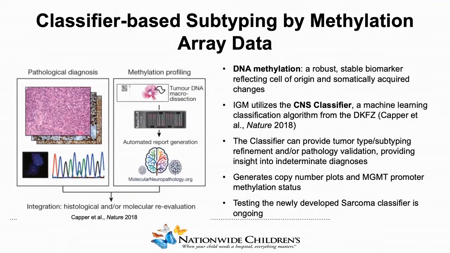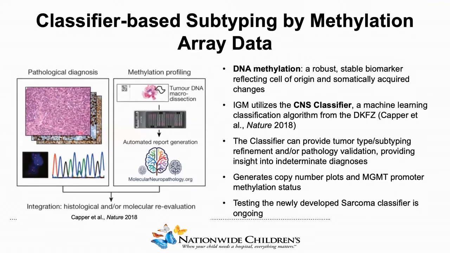Finally, just to wrap up the series of assays, we have been increasingly using the methylation arrays from Illumina to provide classifier-based subtyping. Here we utilize the classifiers provided in the public realm by the DKFZ over in Germany. In particular, this is important information to our neuro-oncologists, who in many ways rely on the output from the CNS classifier to provide a tumor type or subtyping refinement.